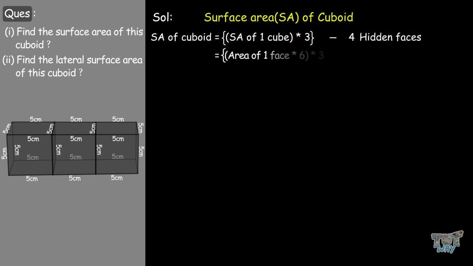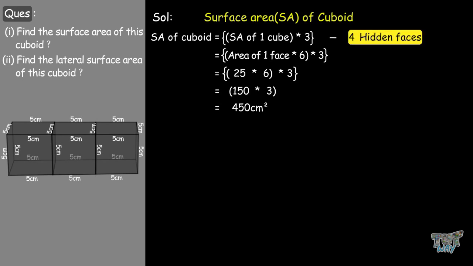It will be the area of one face of the cube multiplied by 6. Area of one face is 25, so that will be 25 times 6, then times 3. So it will be 150 times 3, which equals 450 centimeters squared. So surface area of the 3 cubes is 450 centimeters squared.